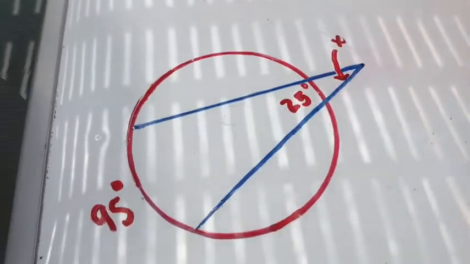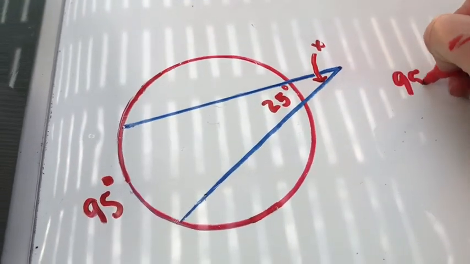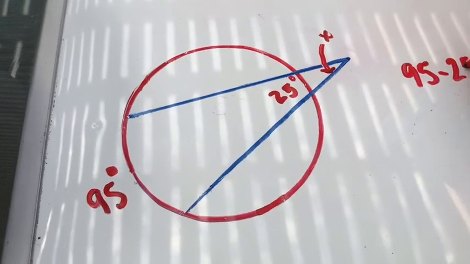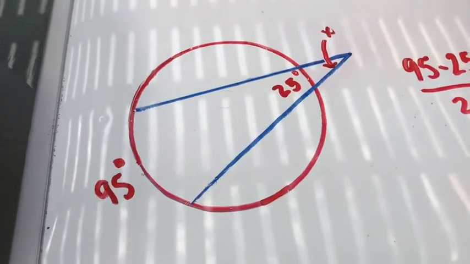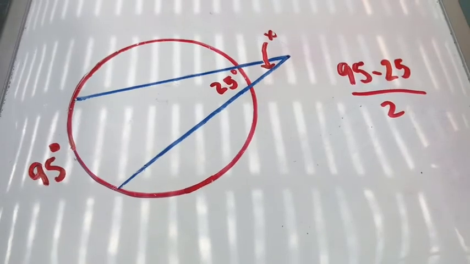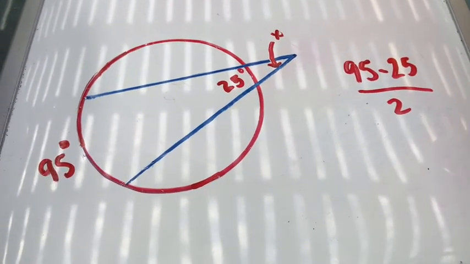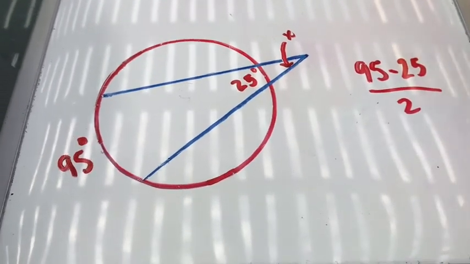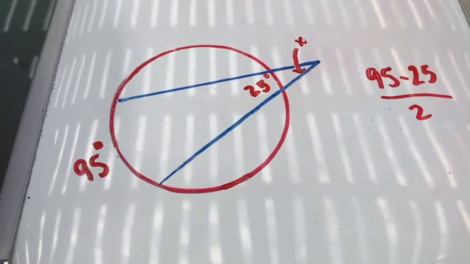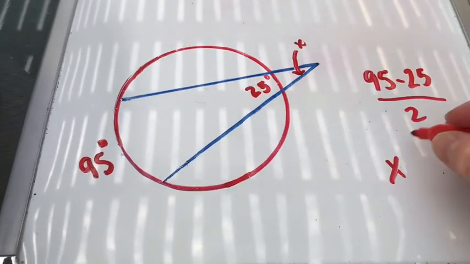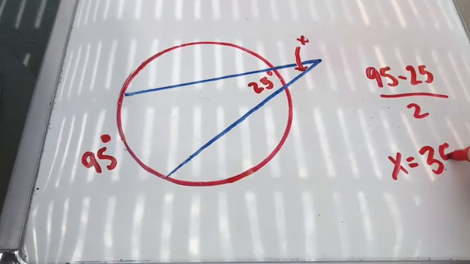So I am going to take 95 minus 25 and divide that by 2. 95 minus 25 is 70, and 70 divided by 2 is 35 degrees.